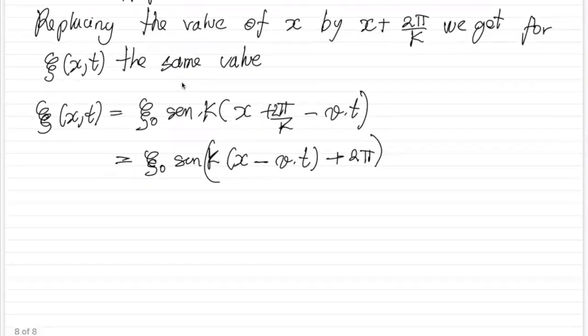And then it turns out that we have the same function.